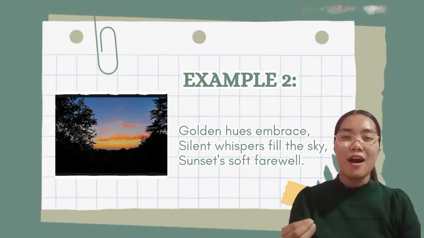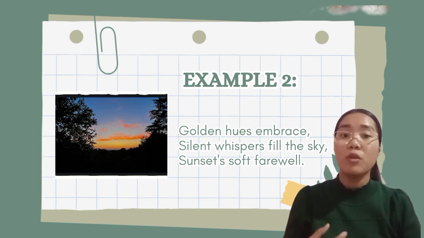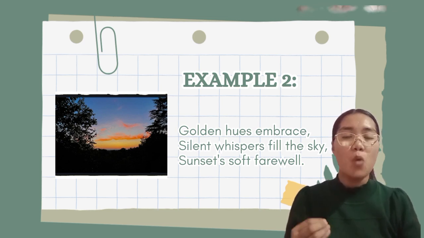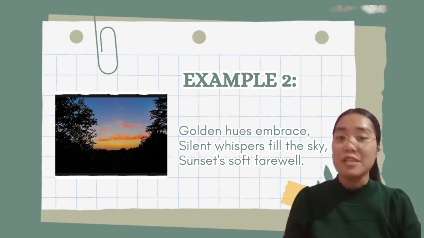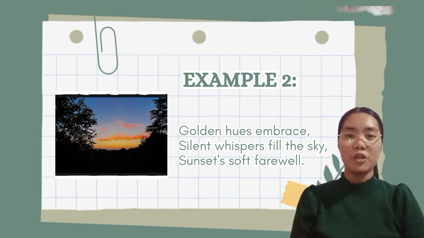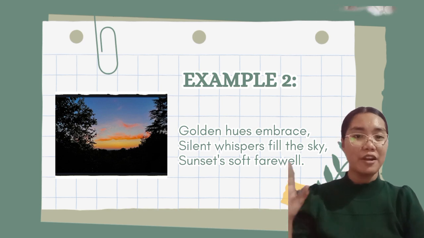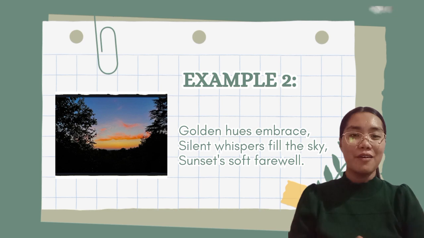It's a balance between brevity and depth, allowing poets to convey powerful imagery and emotion within a concise framework. I hope that answers your question, Miss Dangoy. All right, thank you so much for the questions. Is there anything else? Just raise your hand, please. All right, it seems nothing else.